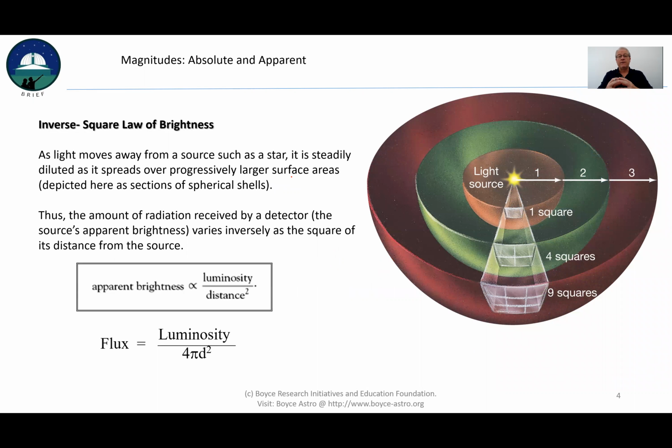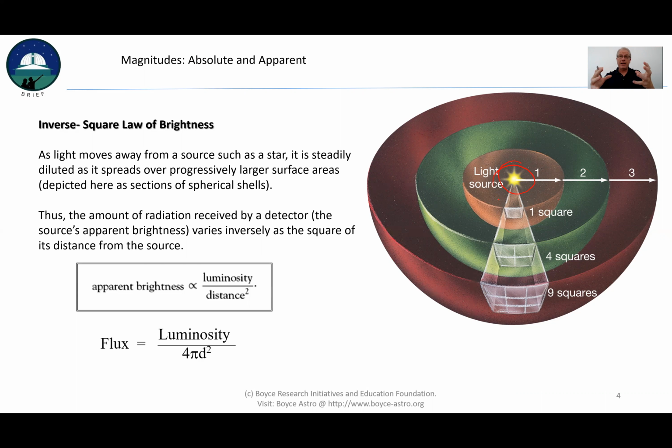So let's talk about the inverse square law of brightness. As light moves away from a point source, in this case the star, it gets diluted over distance. It spreads out over progressively larger areas. So if you think of this light source here, this is a sphere, and with its fusion inside, it's generating all this luminosity, but it's emanating it into space.